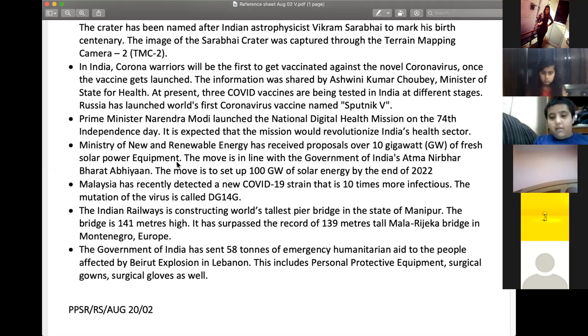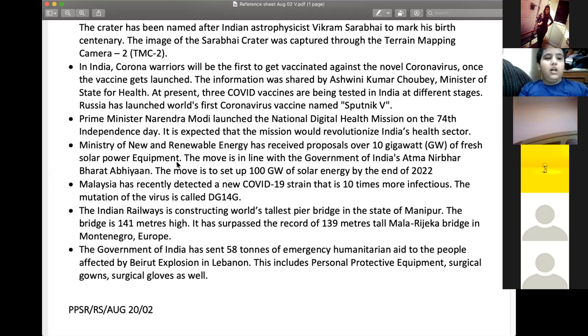This includes personal protective equipment, surgical gowns, and surgical gloves as well. Now, what is happening? There was an explosion in Lebanon. So the Government of India has sent 58 tons of emergency aid to the people that includes surgical gowns, gloves, and personal equipment for their health.